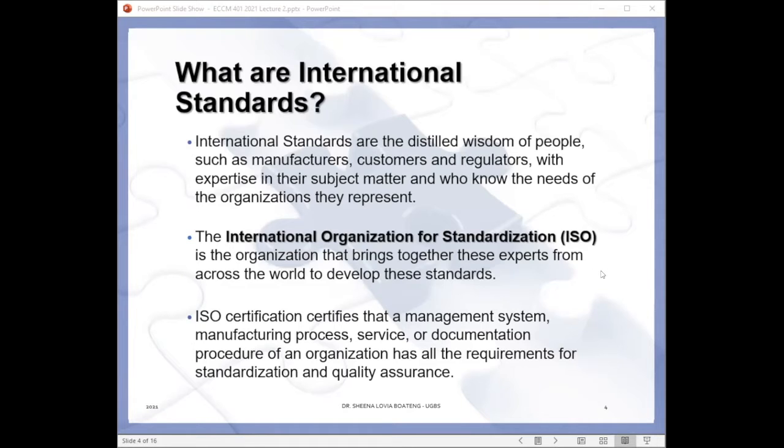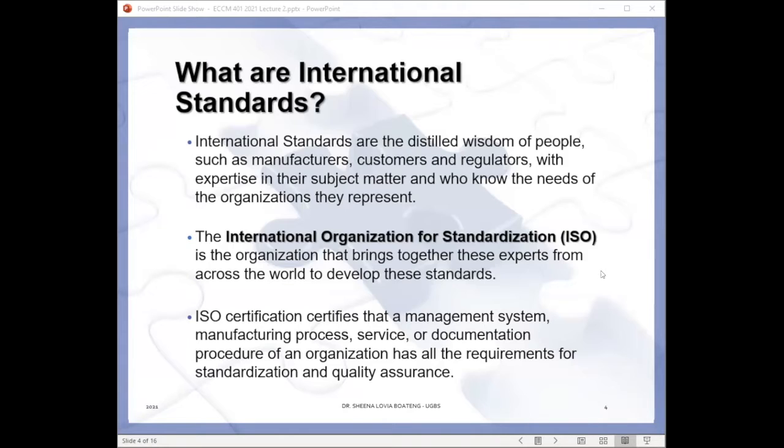Okay, so ISO standards are international standards. So before we can understand the ISO set of standards, we need to understand what international standards are. International standards are basically the distilled wisdom of people such as manufacturers, customers, regulators, and other stakeholders who have expertise in their subject matter and who know the needs of the organizations that they represent.